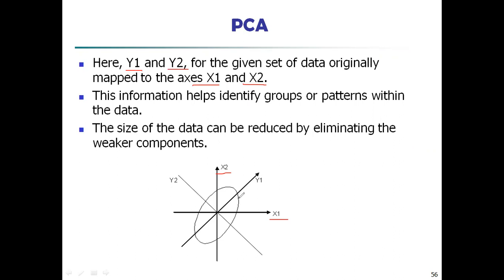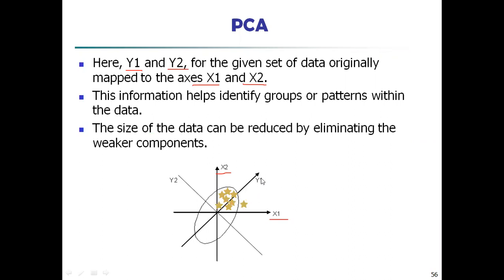If you draw this line, the data points of y1 you can represent within this area only, right? For example, assume these are the data points under this y1 within this area.